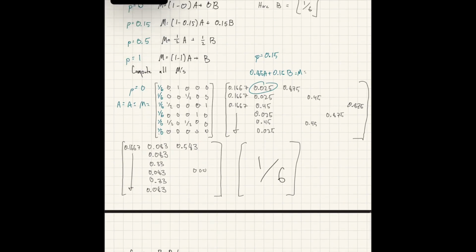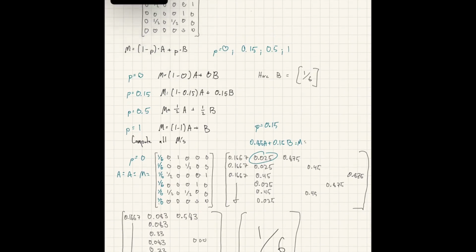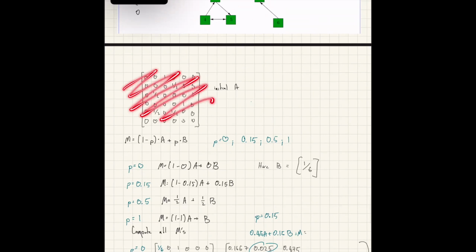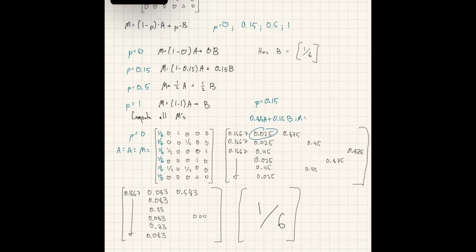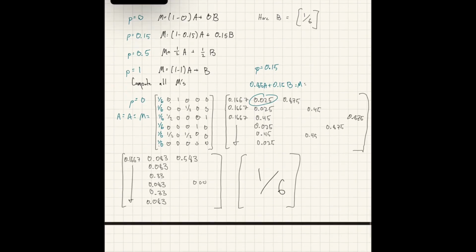And if our damping factor is 1, where we're totally removing A, so it doesn't matter anymore, then every entry of B is just going to be 1/6, because there are 6 nodes. So 1/6 goes all the way across.